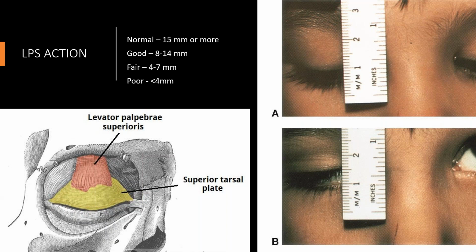Because if we do ptosis surgery, we are elevating the eyelid, and now the patient is going to sleep, but the eyeball does not move up and stays right there. So when the patient is sleeping, there's no closure, and that will lead to exposure of the cornea and everything, and that gives rise to exposure keratopathy. That is not something we would want for our patient because it has grave consequences also. Initially it will be just irritation and things like that, but it's not very comfortable for the patient.